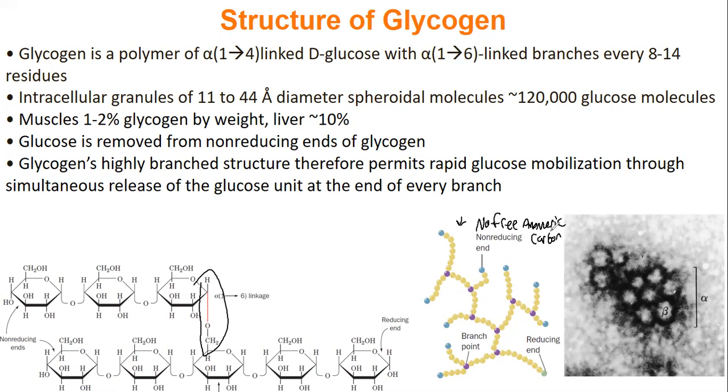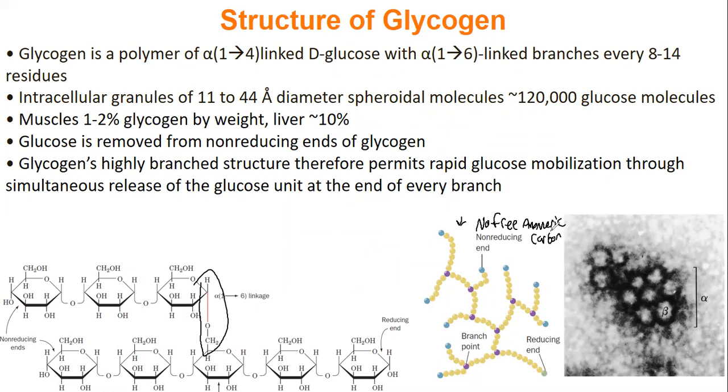And the anomeric carbon is the carbon that's responsible for forming a cyclic sugar. So if that's in a bond, your sugar cannot become linear again. A reducing end means you do have a free anomeric carbon. In glycogen, you can see we have a lot of non-reducing ends and only one reducing end.